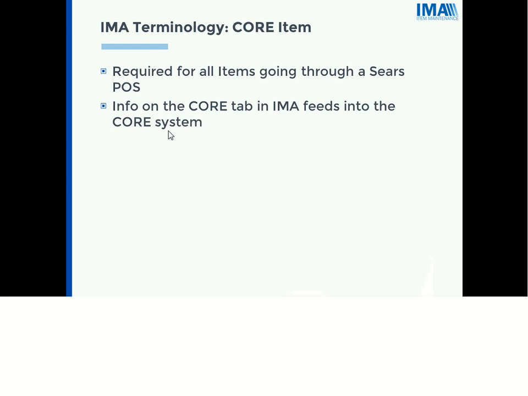Before Sears and Kmart combined into SHC, Sears had the core system as its legacy item build system, and it's still used today. When we combined, they created IMA, and they added a core item tab onto IMA during the setup process. That information will then get pushed out to the core legacy system during the bridging role.